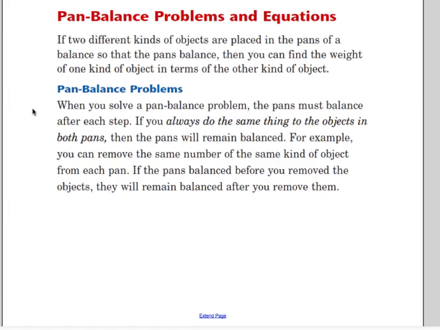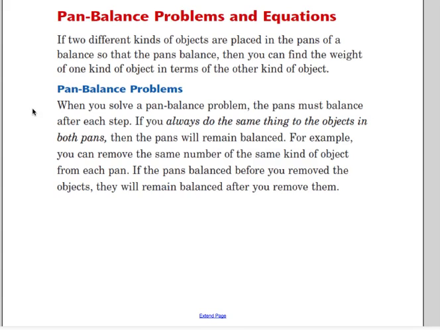When you solve a pan balance problem, the pans must balance after each step. So you have to always keep the pans balanced. If you always do the same thing to the objects in both pans, then the pans will remain balanced. For example, you can remove the same number of the same kind of object from each pan.